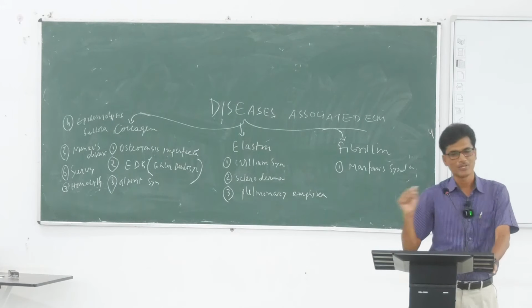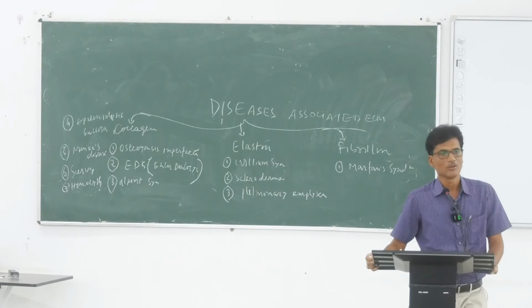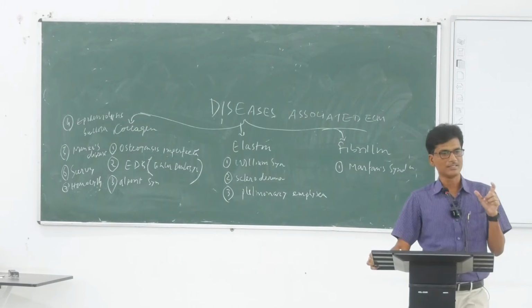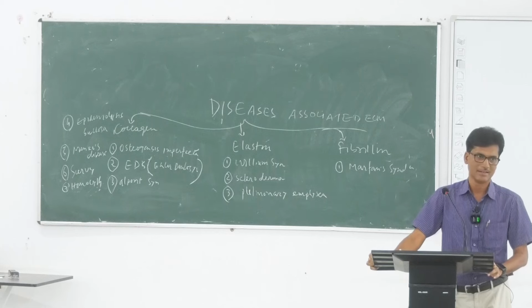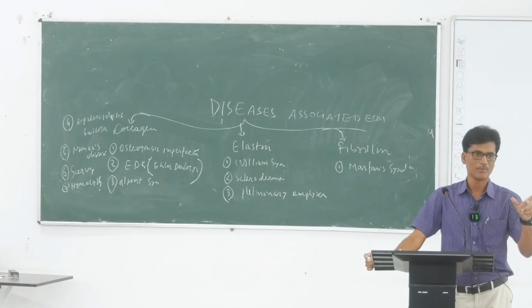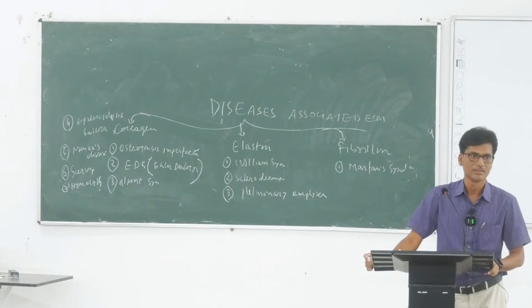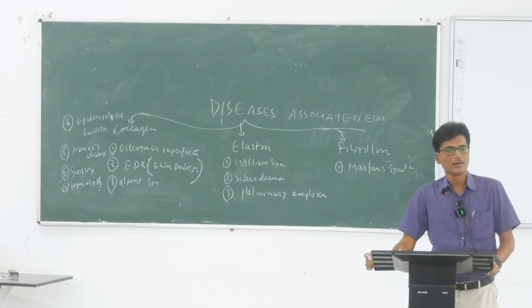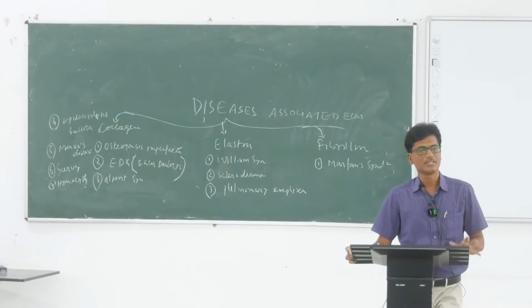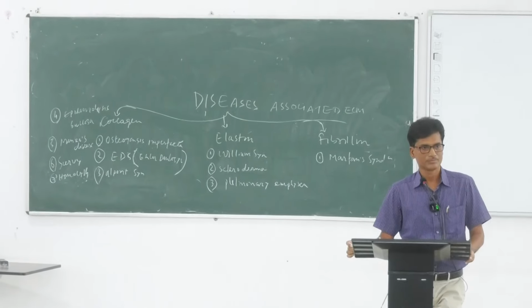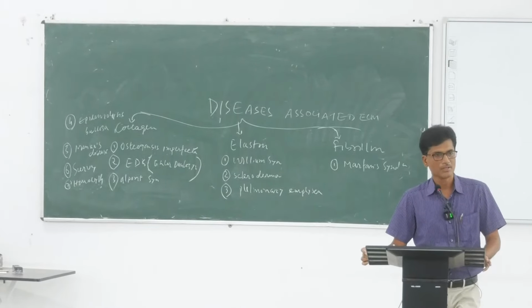Glycine. So here the defect lies in the glycine. Only one single glycine is replaced by another amino acid, that is cysteine. That's why the triple helix structure of collagen is defective. Triple helix cannot be formed.